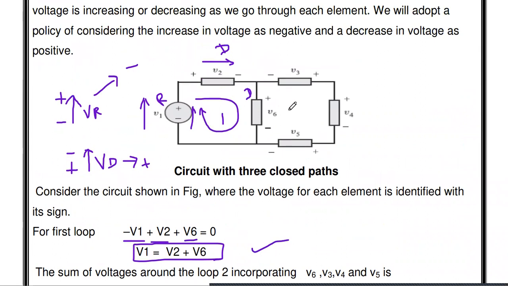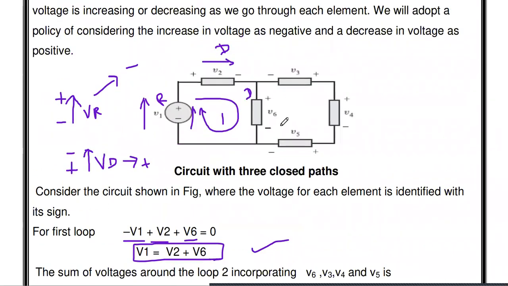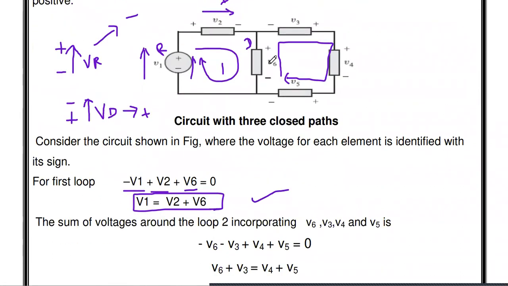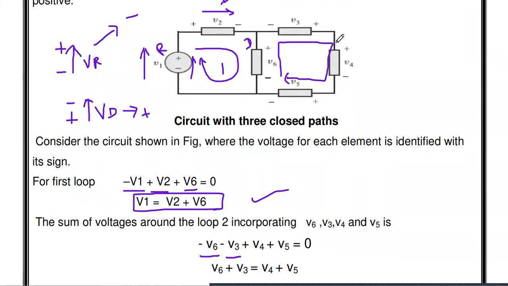Similarly, we can apply the KVL equation for this closed loop also. This is one closed loop. If you are starting from V6, minus to plus is a voltage rise, so we put minus V6. Then coming here, minus to plus is also a voltage rise, so minus V3.